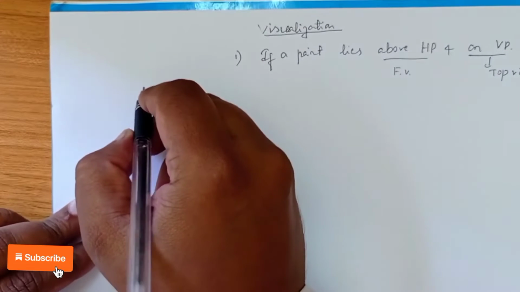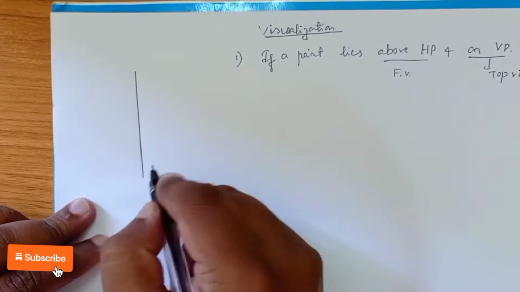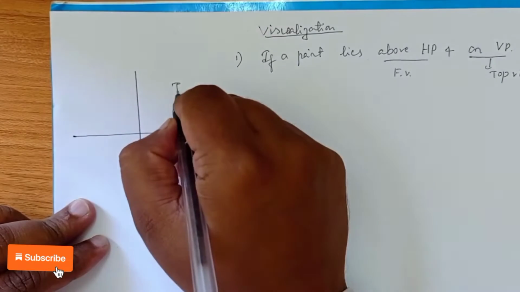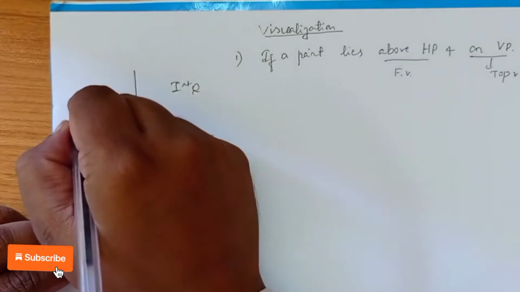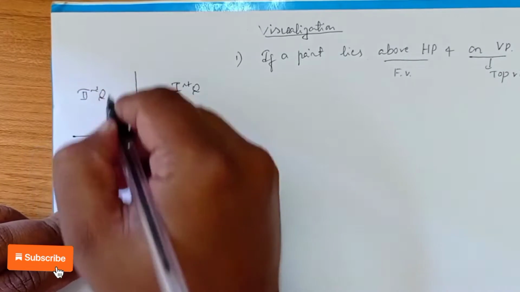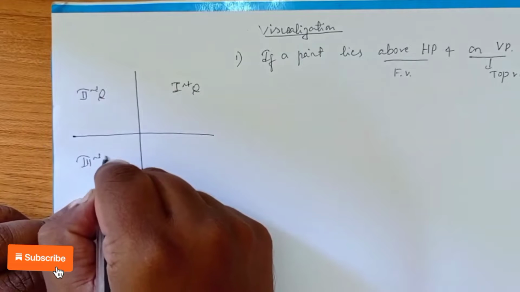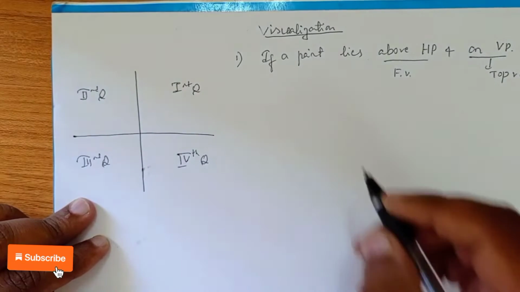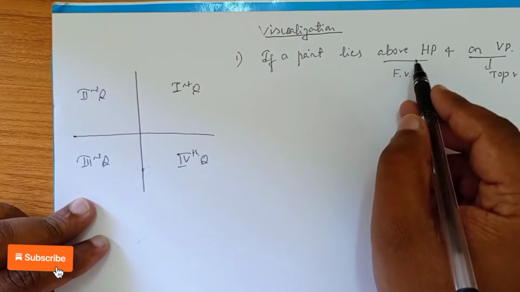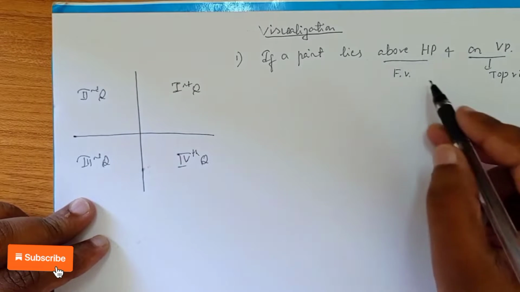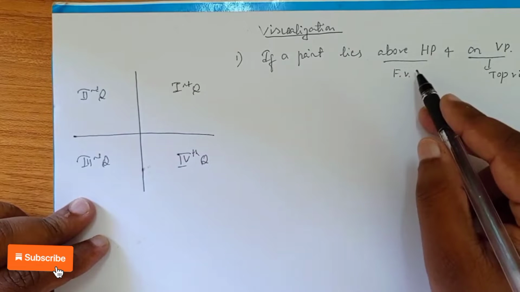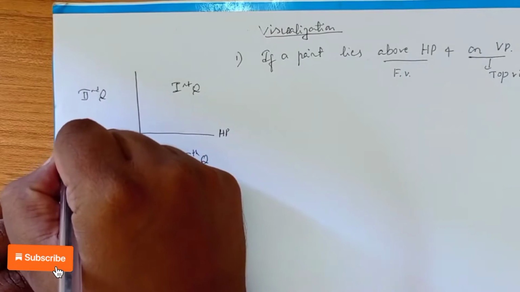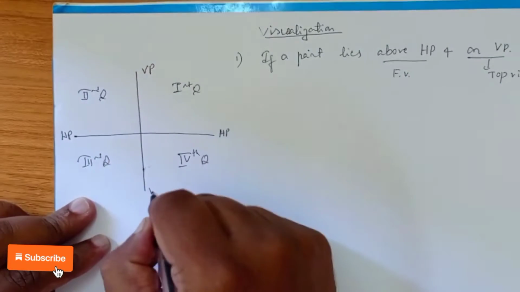We know that in the quadrant system there are 4 quadrants. So this is our first quadrant, second quadrant, third quadrant, fourth quadrant, okay. If a point lies above HP and on VP, we already got the top view. Now we have to look for the front view. Above HP means, this is our HP plane, correct, and this is our vertical plane.